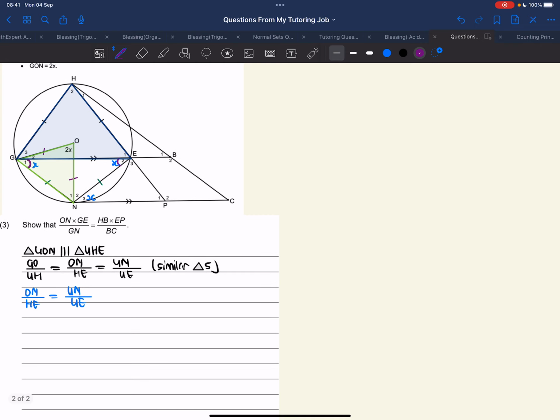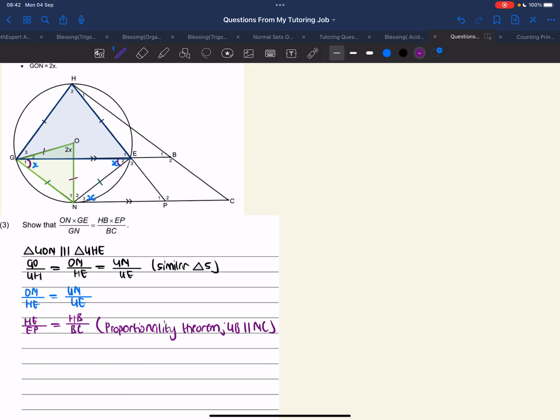We're going to say that HE over EP is equal to HB over BC, by the proportionality theorem, and we state the lines: GB parallel to NC.